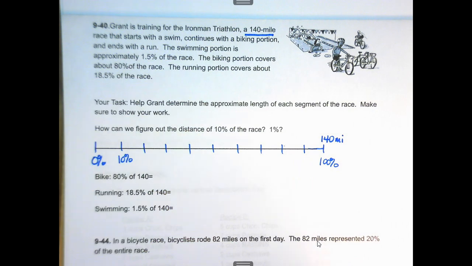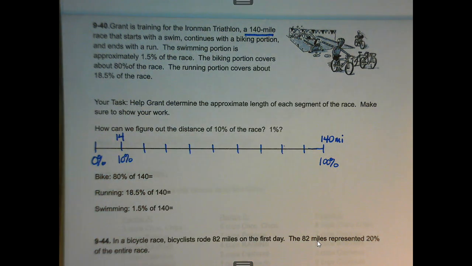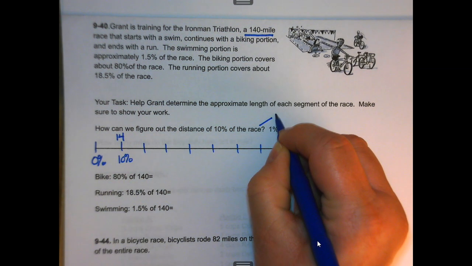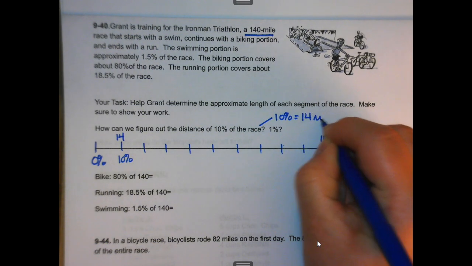That gives me 14. Some of you notice that we're just moving that decimal point over to the left. Then I can write up here, 10% equals 14 miles.